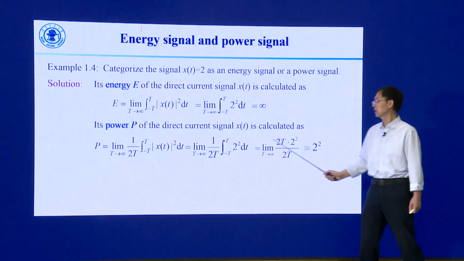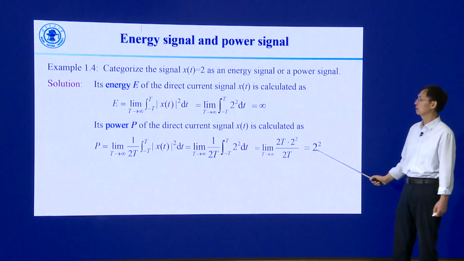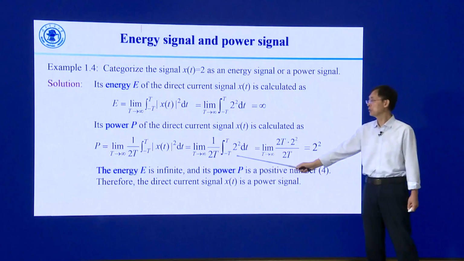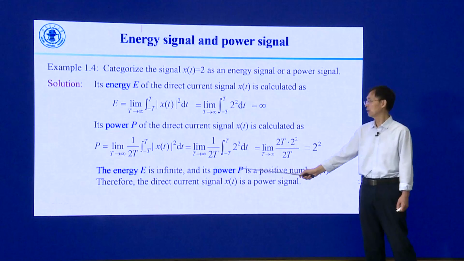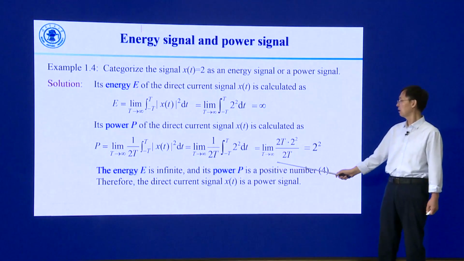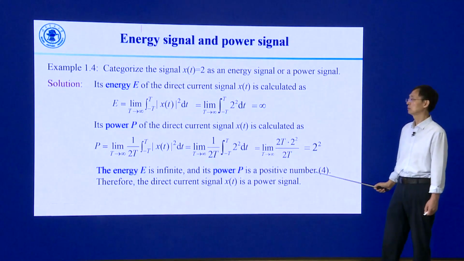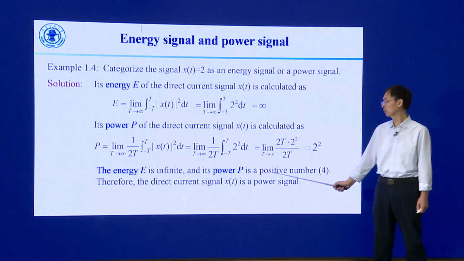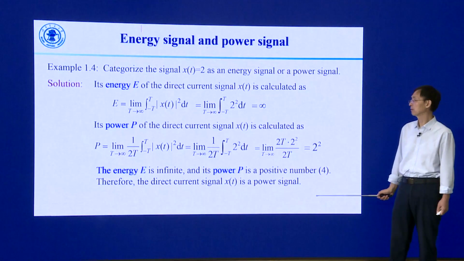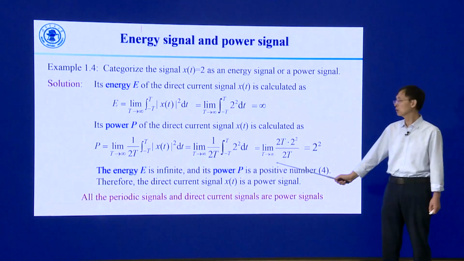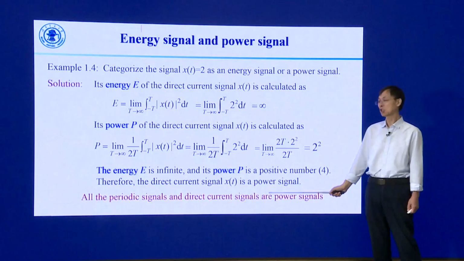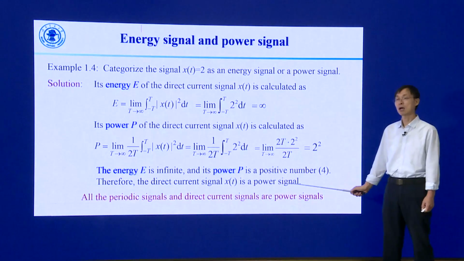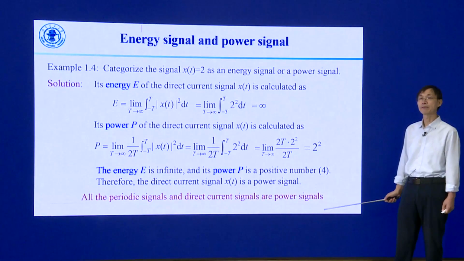Its power is finite. The energy E is infinite, and its power P is a positive number. Therefore, the direct current signal x of t is a power signal. All the periodic signals and the direct current signals are power signals.